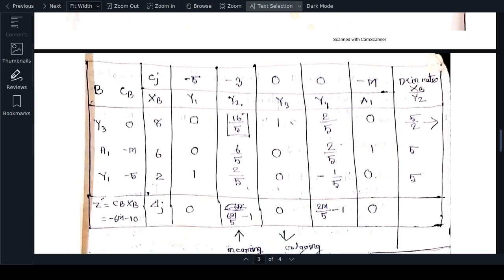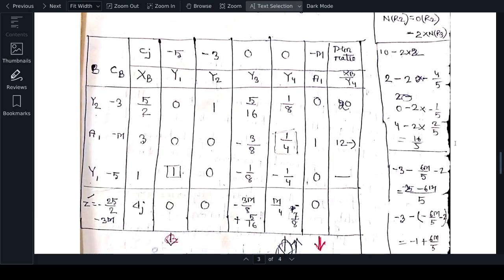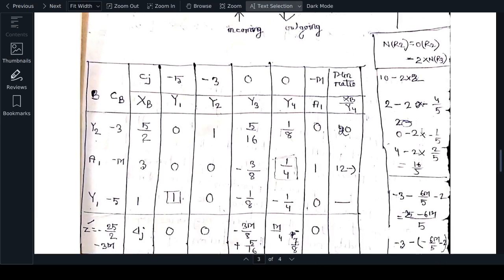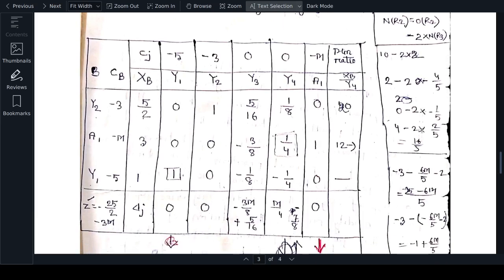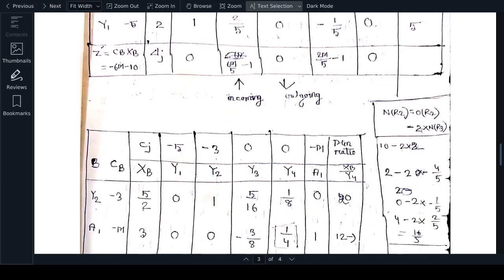So y3 is outgoing. Similarly in the column I have given outgoing the same. So the pivot element will be 16 by 5. In the third table, you divide this by 16 by 5 and y3 will be replaced by y2. So in the third table you see y2 in place of y3, and the remaining are the same. And with the calculation the same way, you get the third table.